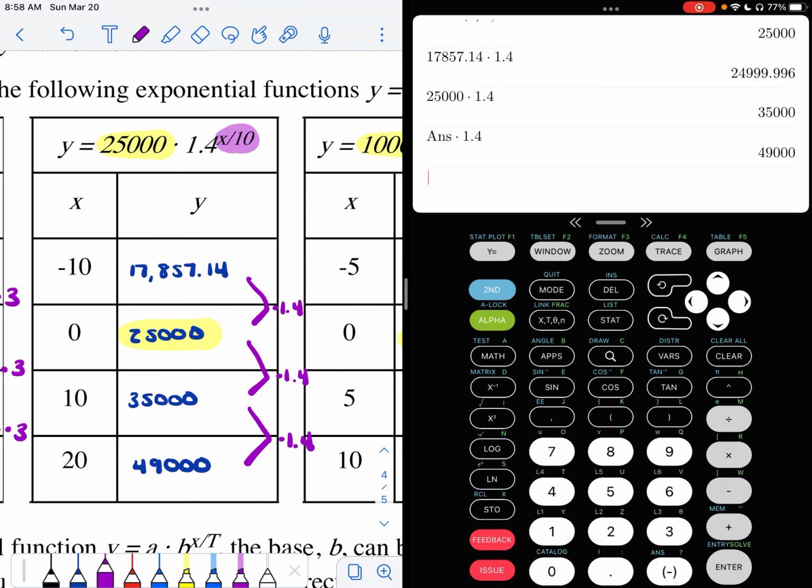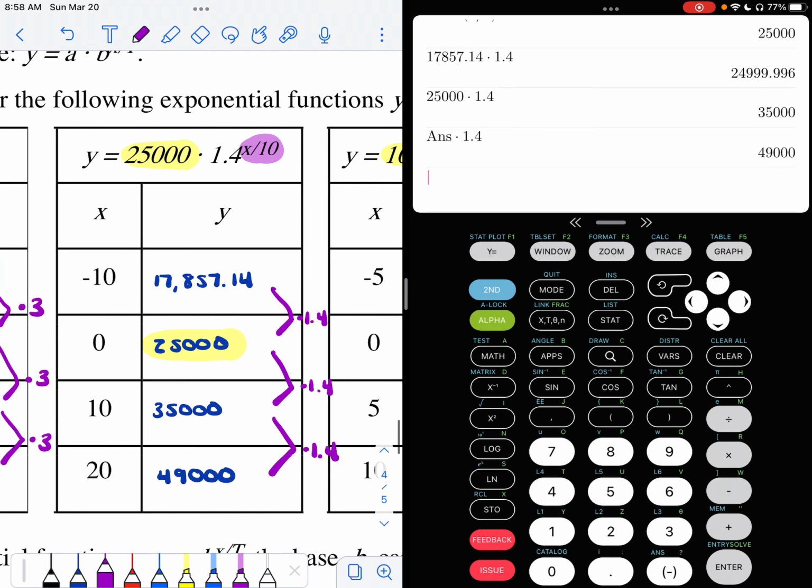Multiply that by 1.4, and we do get 49,000. Okay, so as long as your x values are increasing by whatever number is in your denominator up here, then you're going to see that your y values are being multiplied by the base in order to get from one to the next. Okay.